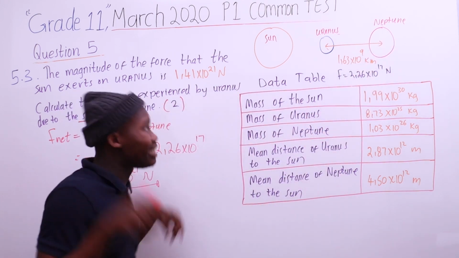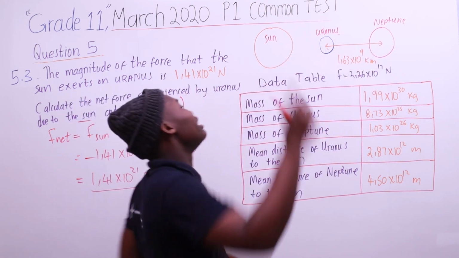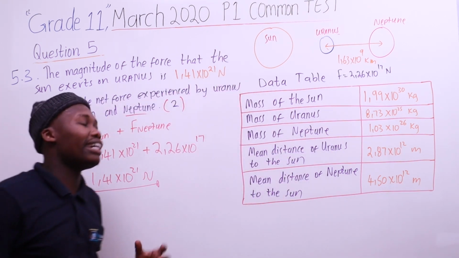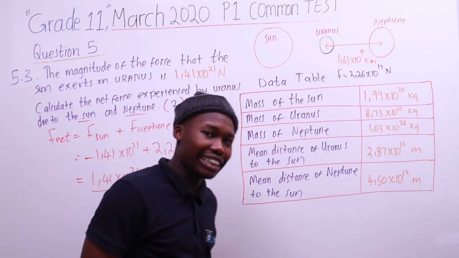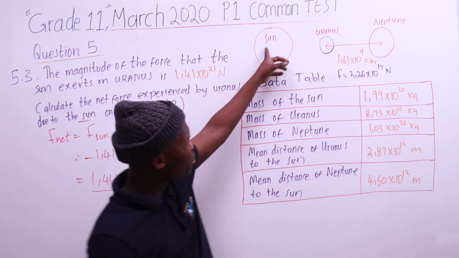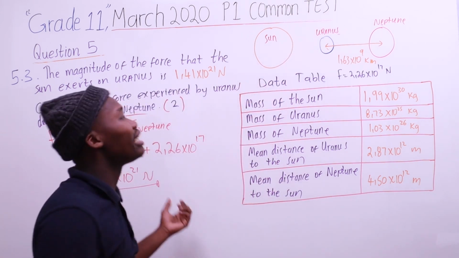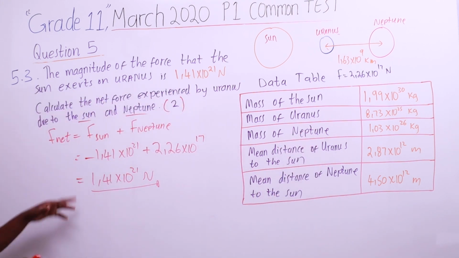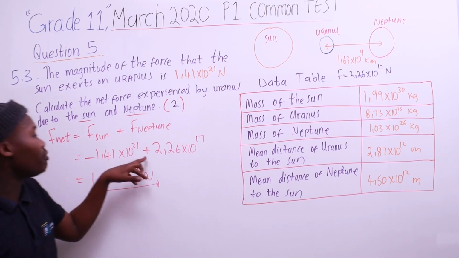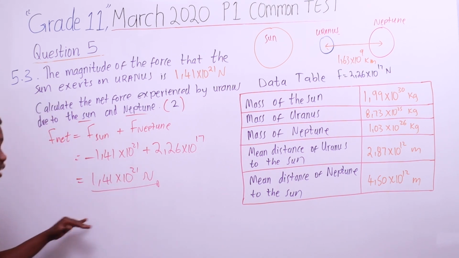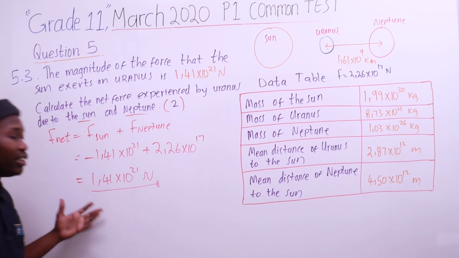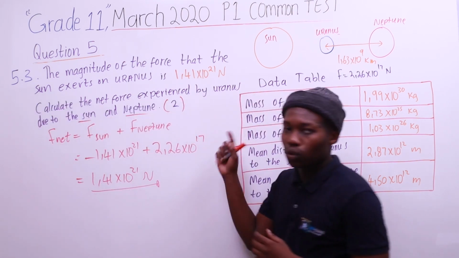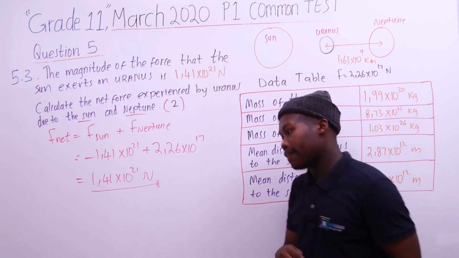So what is the sum acting on Uranus? It is this plus that, but these are vectors, they have magnitude and direction. So from the sun we took it as negative, and from Neptune we took it as positive. Some negative, some positive, and we got our final answer as 1,41 times 10 to the power 21 newtons for 2 marks.